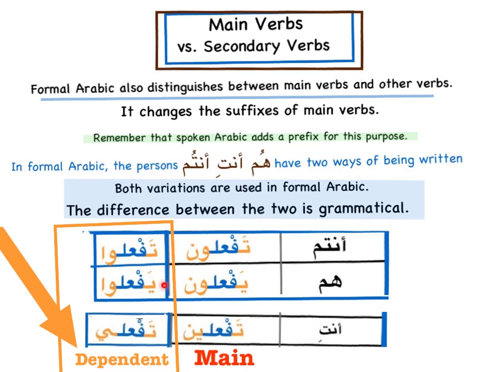As for تفعلوا, يفعلوا, تفعلي, these we call dependent verbs or secondary verbs because, as you can see, the noon at the end of the verb is replaced with an alif, and this occurs because of the position of the verb, usually its grammatical function in the sentence, and it's important to make sure that you know the meaning doesn't change if the noon is absent from the word. So whether the verb is a main verb or a secondary verb, the meaning is the same.